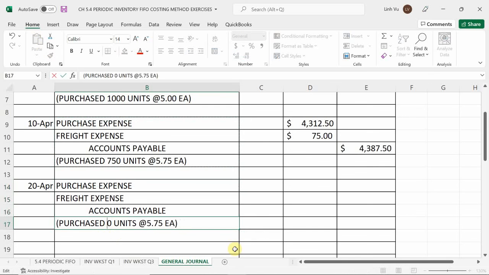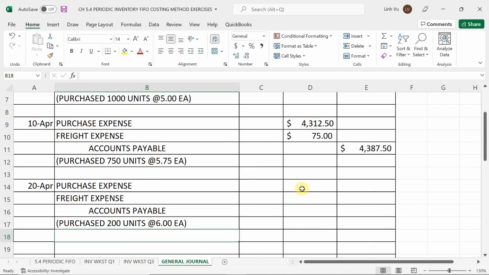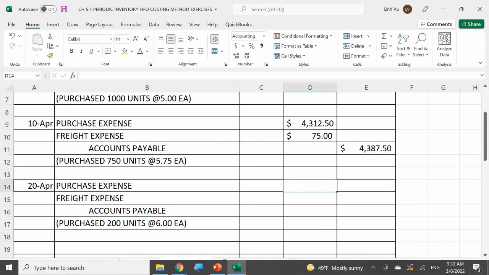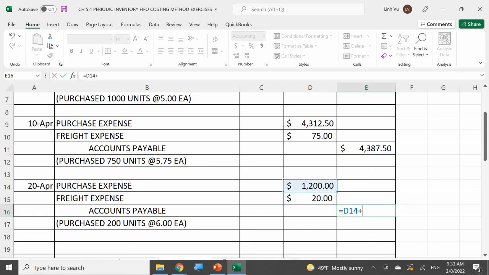We purchased 200 units at $6 each. Okay. So what's my total purchase expense here? 1,200. Okay. And my freight was $20, so therefore $1,220. Okay.